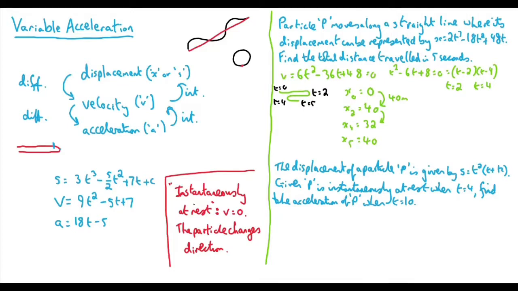But distance can't be a negative, and we've travelled this extra distance on top of the 40 we've already done, so this is a plus 8 meters, and then again, to go back is another 8 meters. So in total, going over these 3 legs combined would be 40, add 8, add 8, giving you a total distance in 5 seconds of 56 meters.